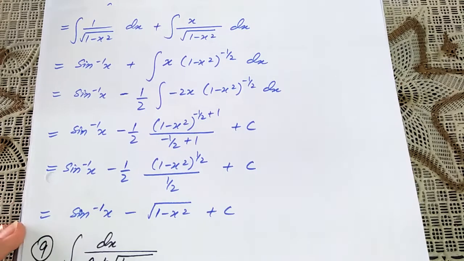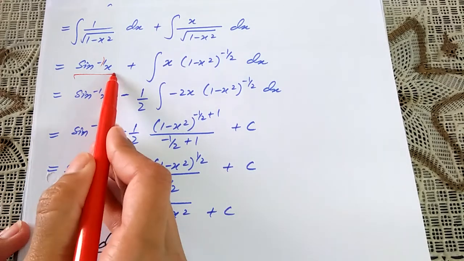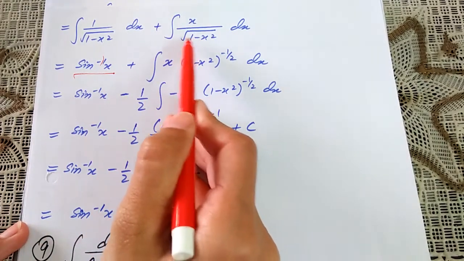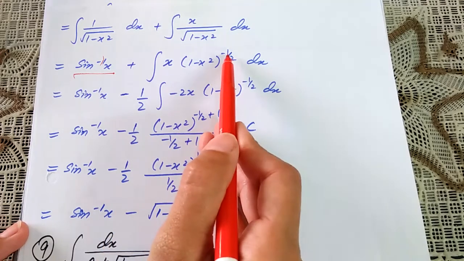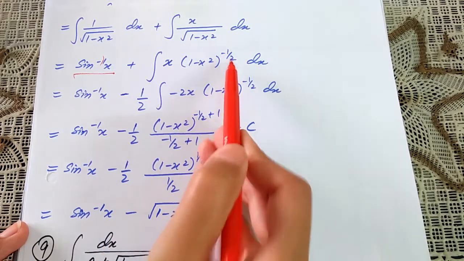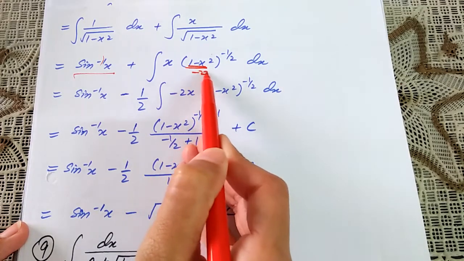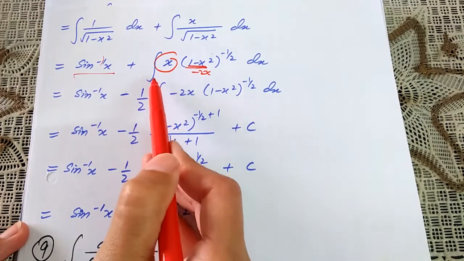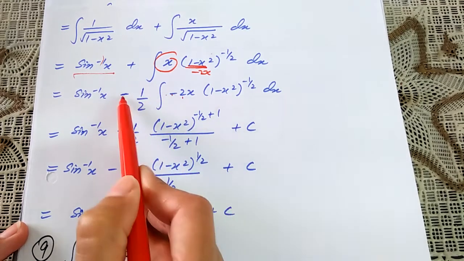We know very well that this integration has a direct formula: sine inverse of x. Now we have to integrate the other function. Move the square root upside, and we get the power negative 1 by 2. Now check the derivative of this function, that is minus 2x. Can we make this minus 2x here using this x? Yes, we just need a minus and a 2, so we also divide by it here.